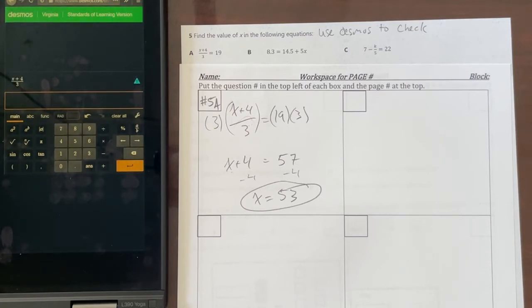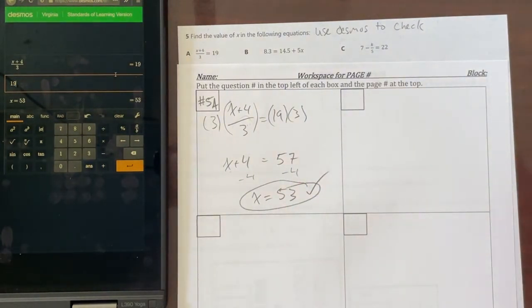And we're saying, okay, if these 2 numbers on the left and on the right are the same, then we have an equation. When x equals 53, are these 2 numbers the same? Is 19 equal to 19? You better believe it. So we are good. Again, make sure you can use that Desmos calculator.